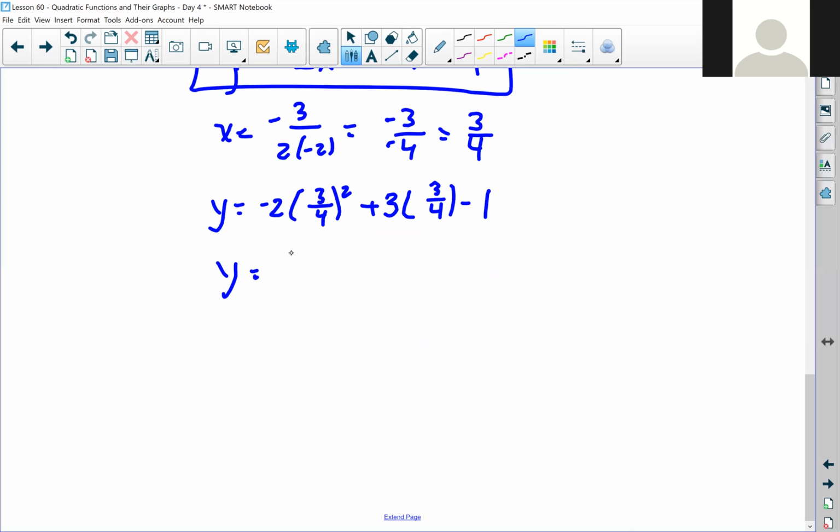So -2 times the quantity 3/4 squared plus 3 times 3/4 minus 1. And I get a positive 1/8, or as a decimal, 0.125.